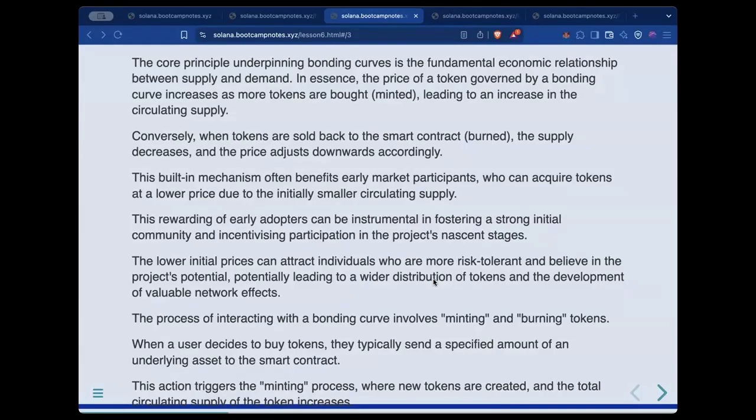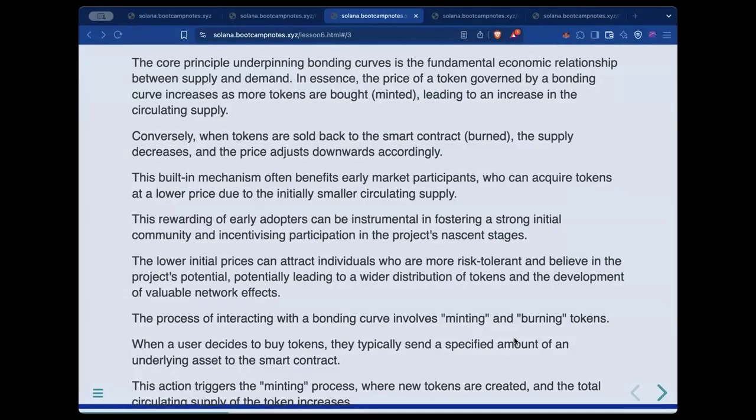These concepts of minting and burning are quite fundamental to the way that tokens work. But obviously there's all sorts of security around these. There will be administrators who are increasing the supply, and also when you're burning tokens, obviously you can't burn other people's tokens.